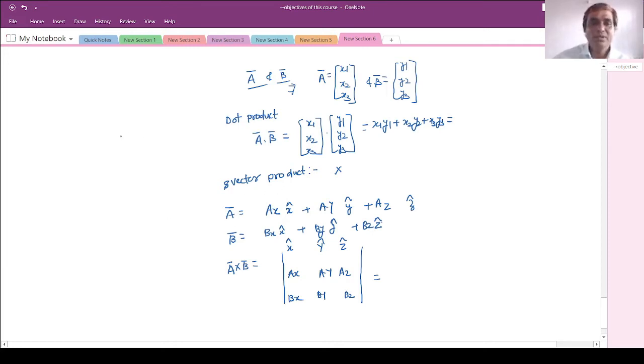We know the property that the dot product of a bar and b bar equals b bar dot a bar. But the cross product of a bar and b bar is not the same as b bar cross a bar; it is the reverse sign of b bar cross a bar.